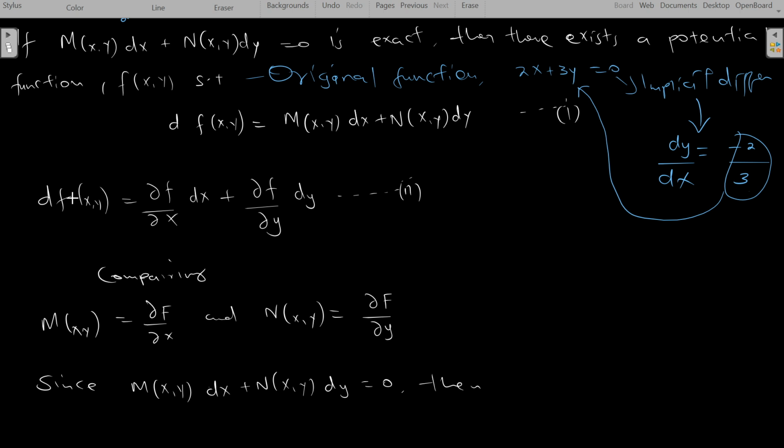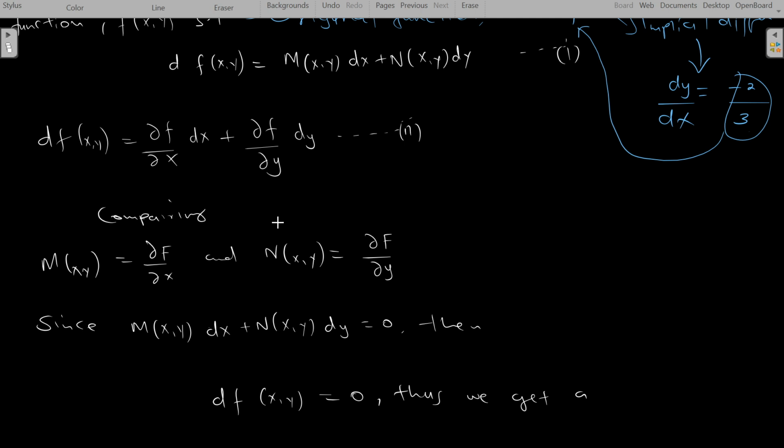The derivative of f of x,y equals the derivative of f with respect to x multiplied by dx plus the derivative of f with respect to y multiplied by dy.